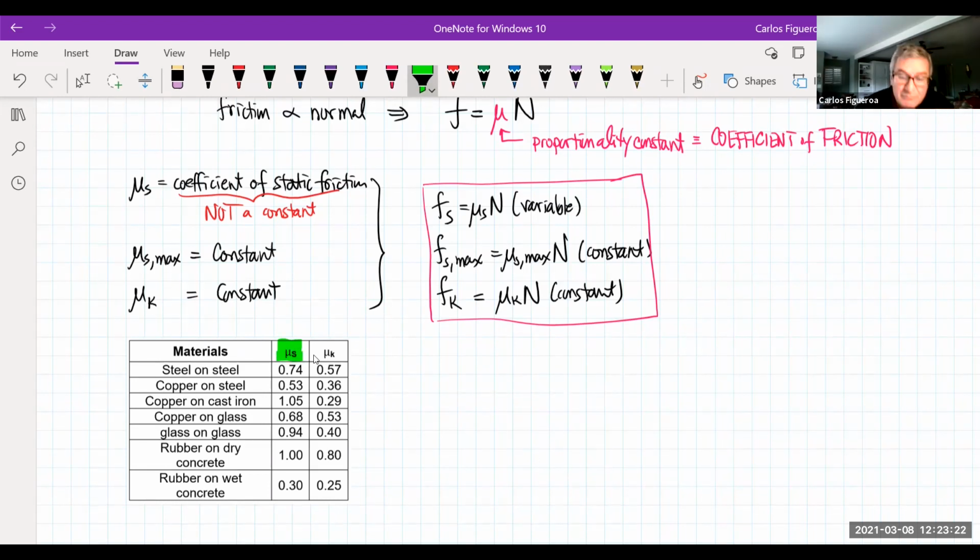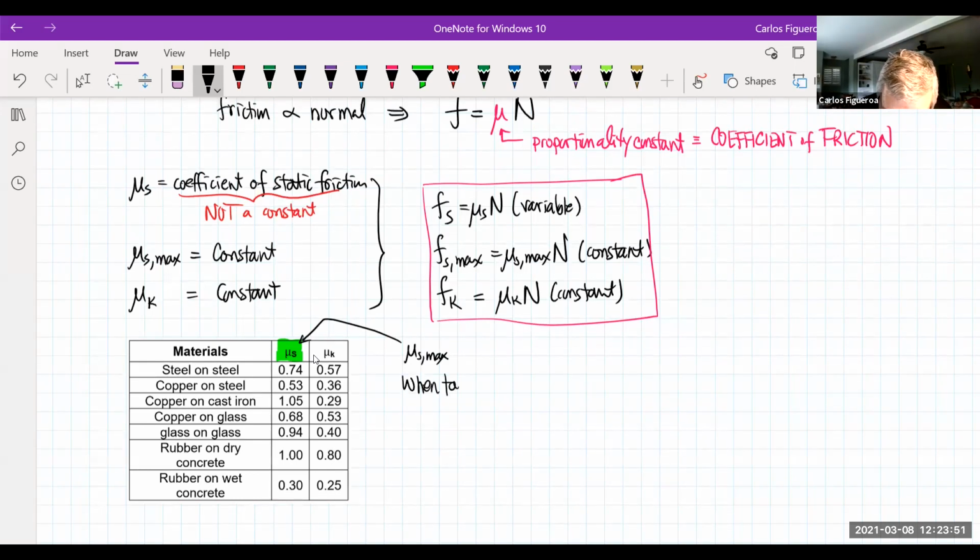You're just seeing mu s, but what this really is, is mu s max, because they're giving you one value. When you look at these tables, you have to compare two different surfaces when you're talking about friction.